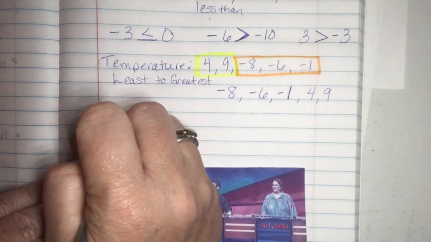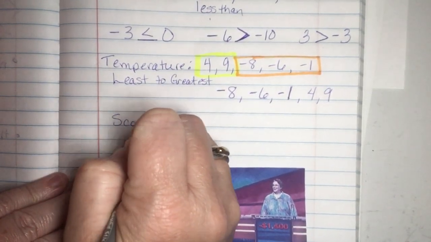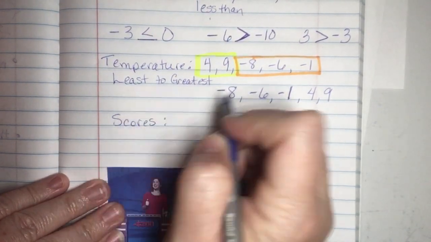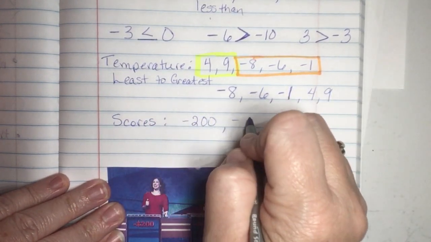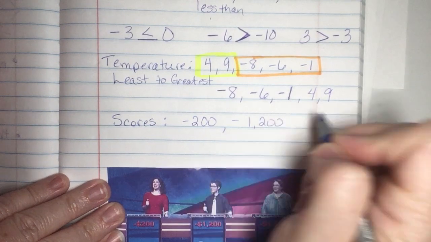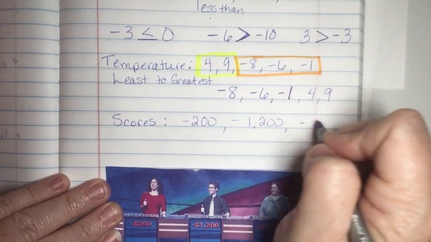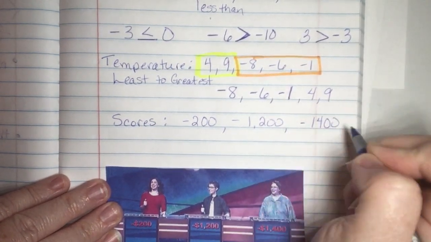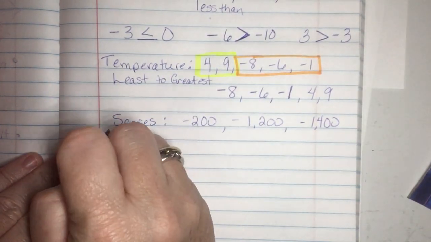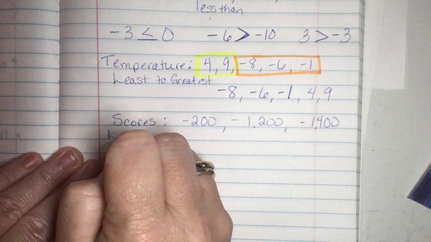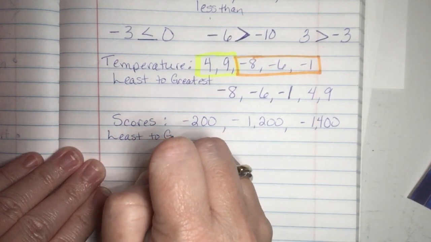So let's write those scores down. So we've got negative 200, negative 1,200, and negative 1,400. All right, and let's put those in order from least to greatest again.